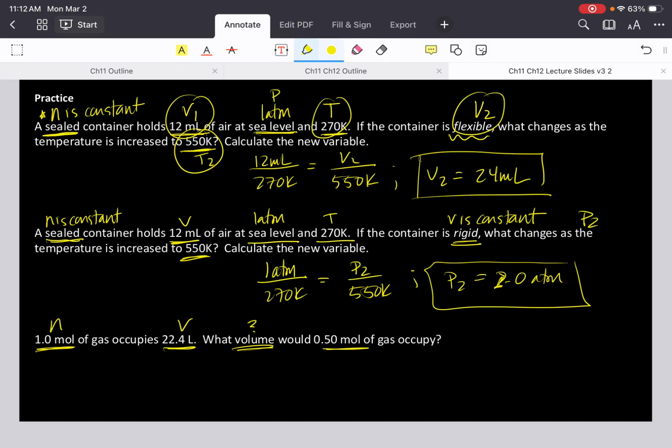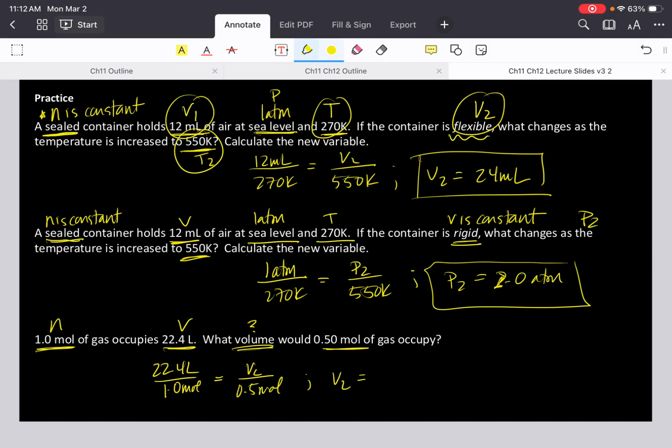The problem doesn't reference pressure changing. It doesn't reference temperature changing, which means we can limit our focus to just V and N. So we know that V1 over N1 equals V2 over N2. And then we just have to solve, yes?